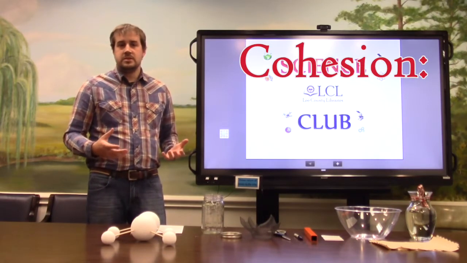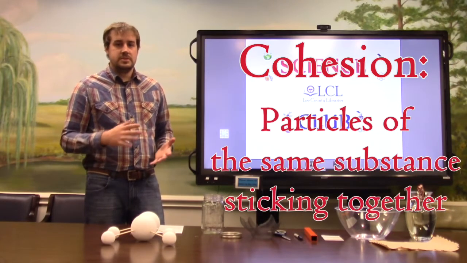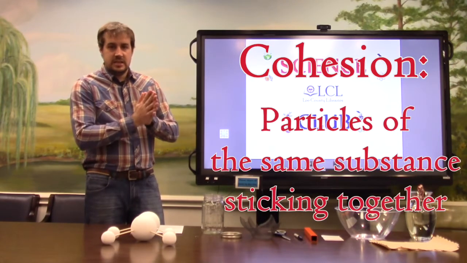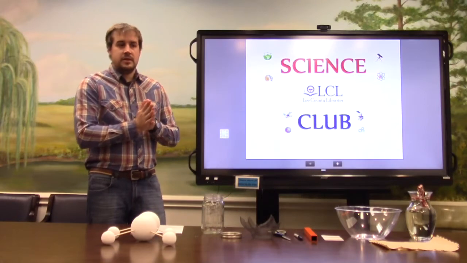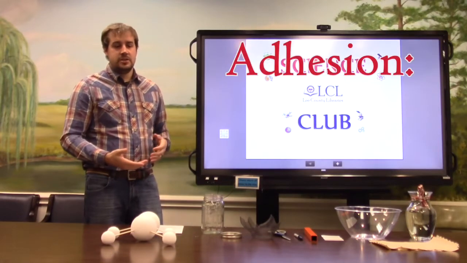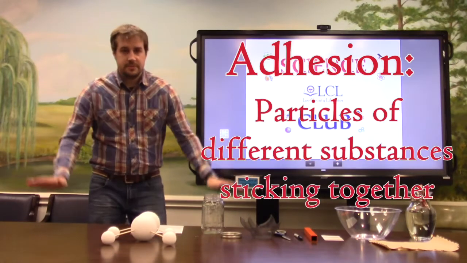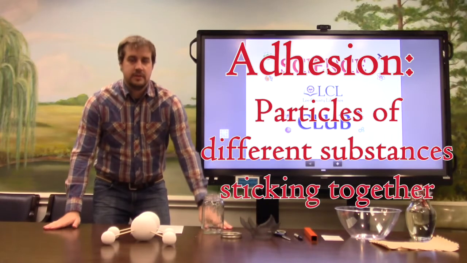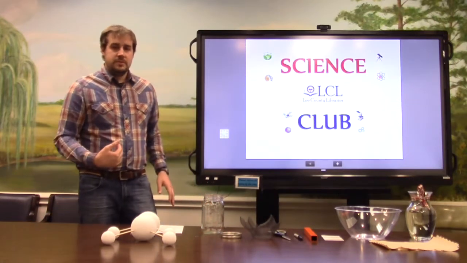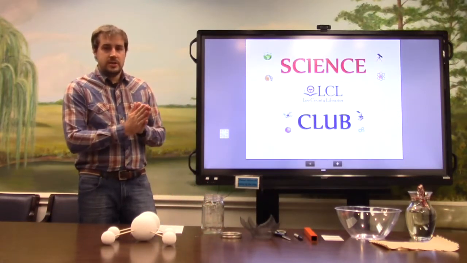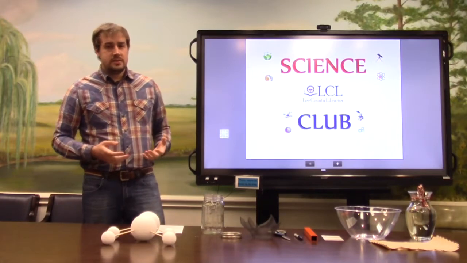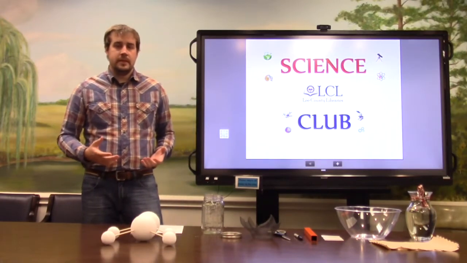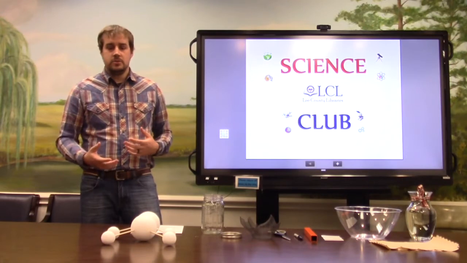Cohesion simply means particles of the same substance sticking together. Now the opposite of that is adhesion, where you have particles of different substances sticking together. But what we're going to be mostly focusing on today is the cohesion. And one of the causes of cohesion is polar molecules.